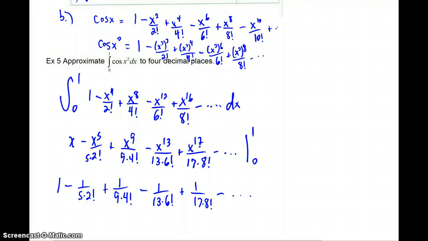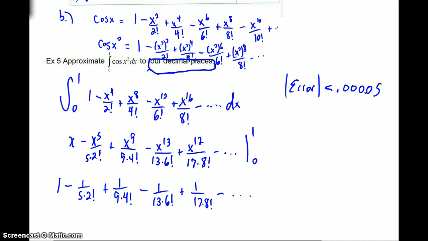You're going to notice, thankfully, this is an alternating series. We would like to find our approximation to 4 decimal places. So we want our error to be less than 0.00005.